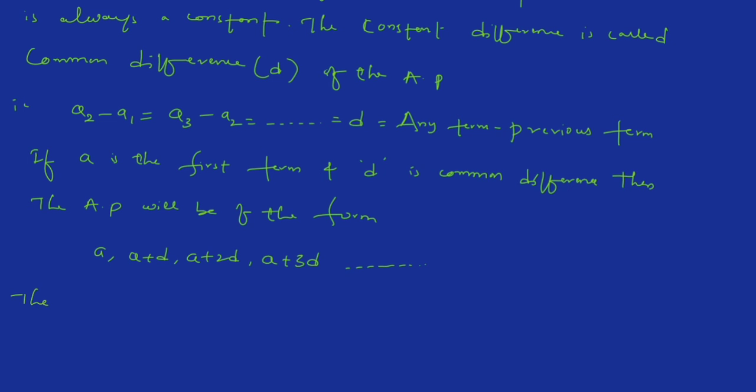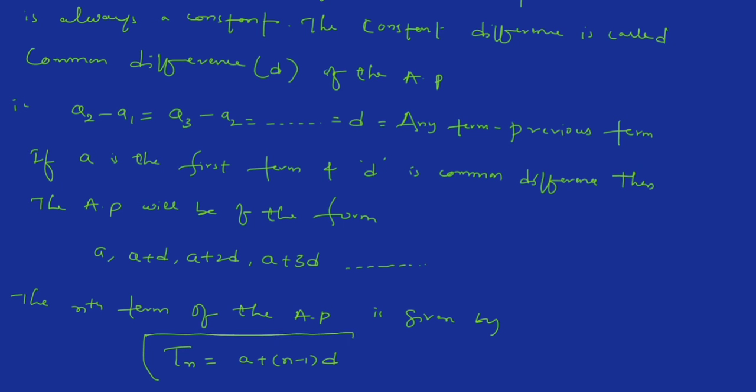Then the nth term of the AP is given by Tn equals a plus (n minus 1) d, right? It is the nth term of AP.